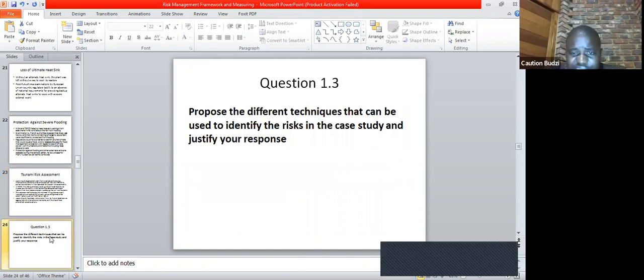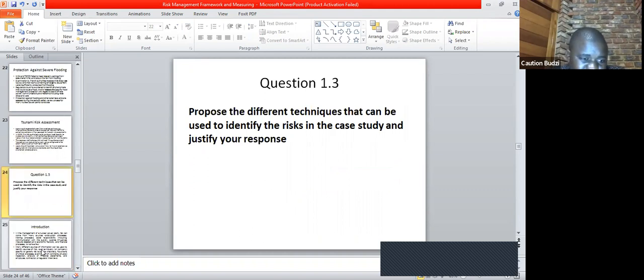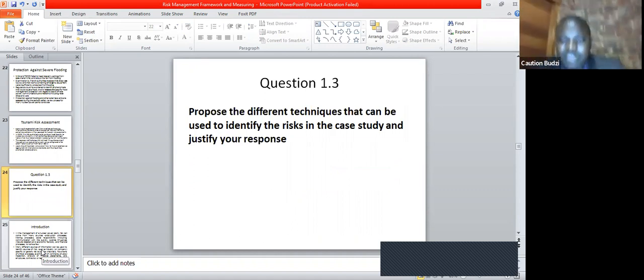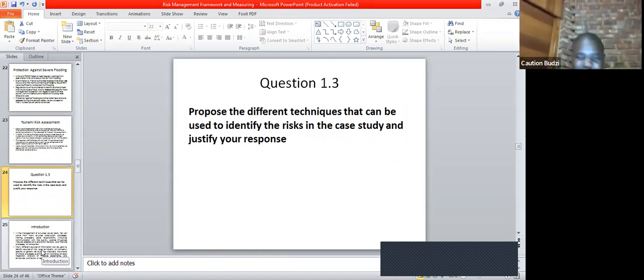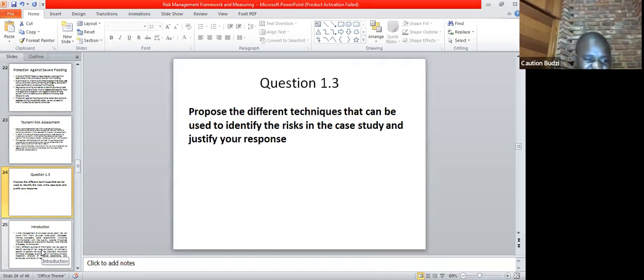Propose the different techniques that can be used to identify the risk in the case study and justify your response. So in this question, we are going to look at the first step of the risk management process, which is risk identification, relating it to the case study.